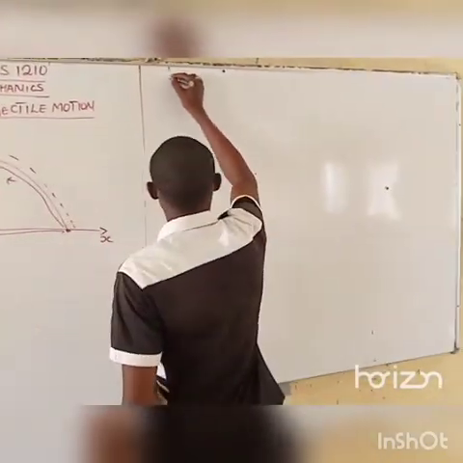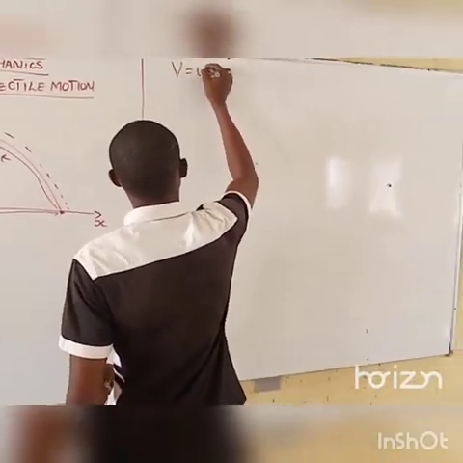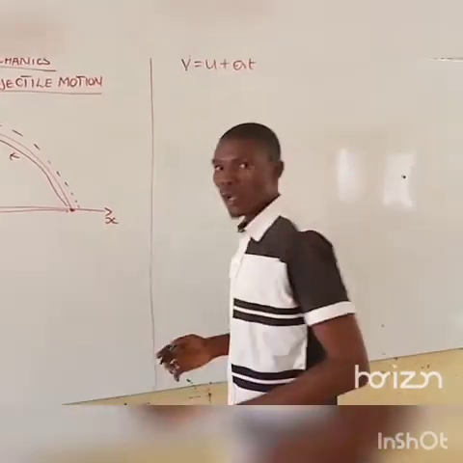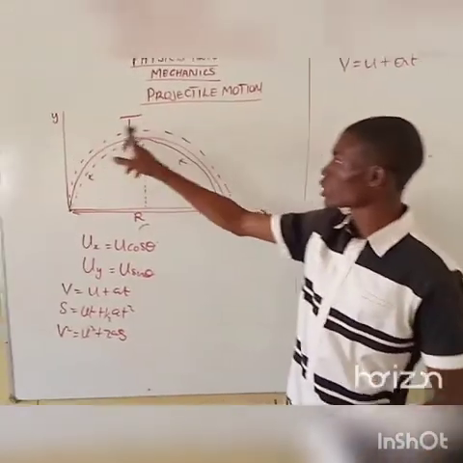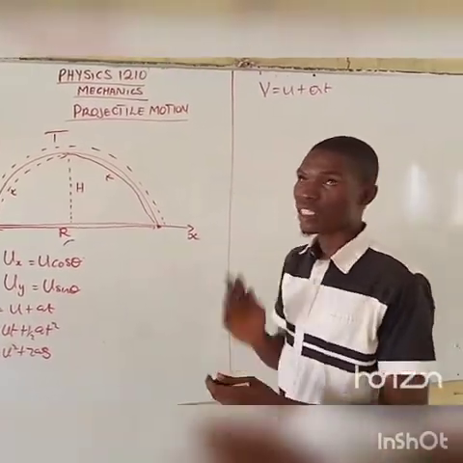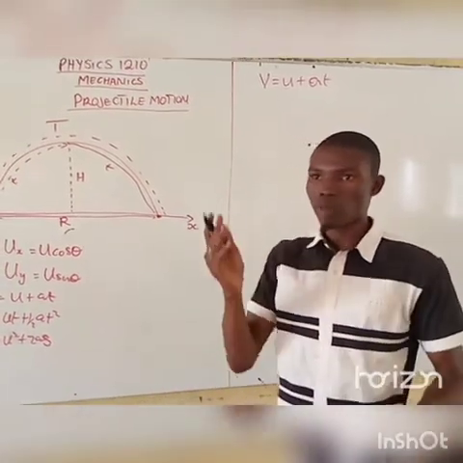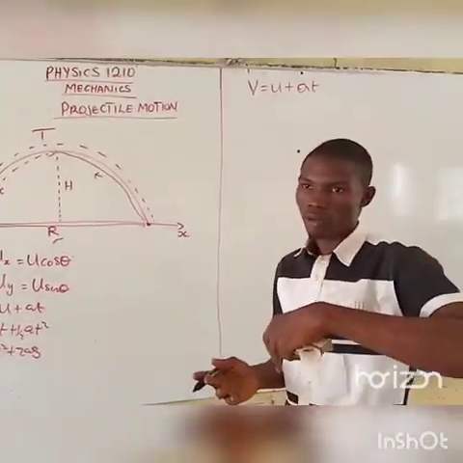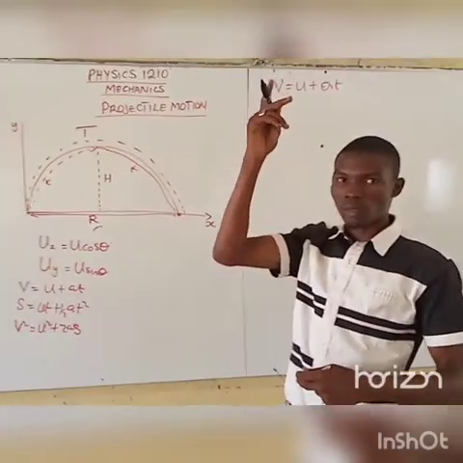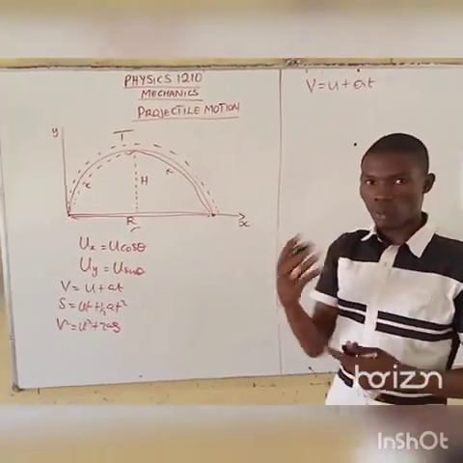Recall that from the first equation of motion, v is equal to u plus at. But when you project this particular thing into the air, it is affected by gravity, and it is against gravity. When you throw something up, gravity will push it down. That means if something is going up, it is against gravity, but when it is coming down, it is supporting gravity.